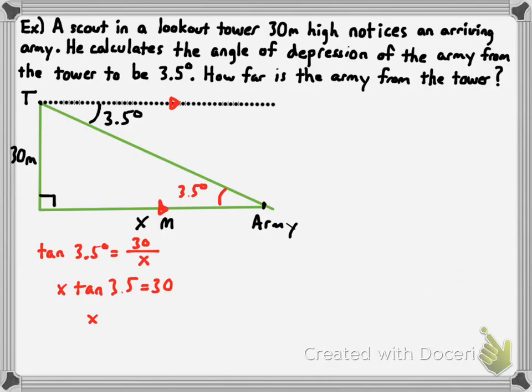Then we'll divide both sides by the tangent of 3.5. And whatever that comes out to will be the distance the army was from the tower at the time that the guard sighted them. And that's about 490.5 meters, if we round to one decimal place again, as we did with the previous example.